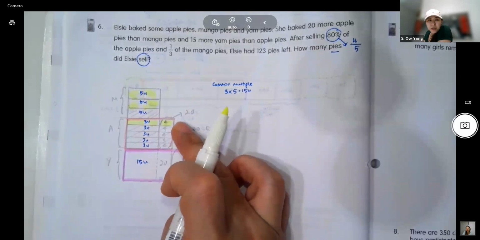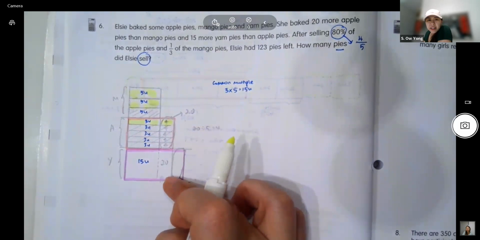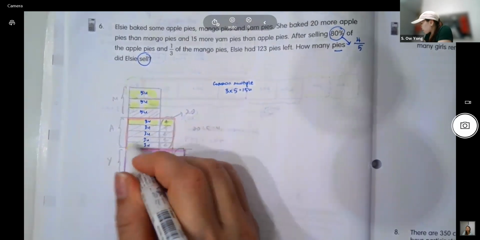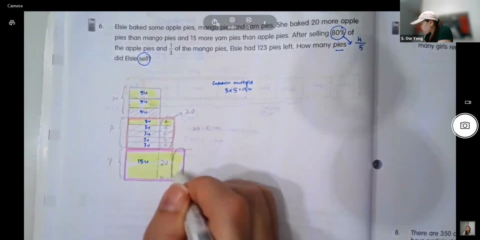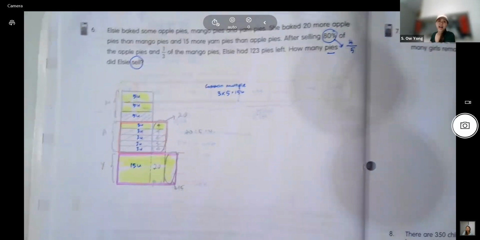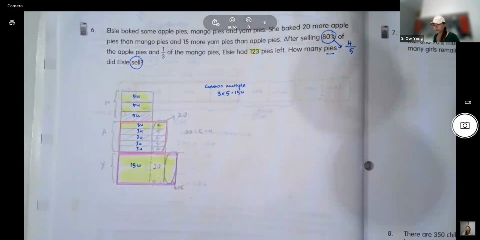This is for apple pies. Did they sell anything about the yam pie? No. So for yam pie, we have the whole thing here. All the parts I highlighted in yellow are the number of pies left.